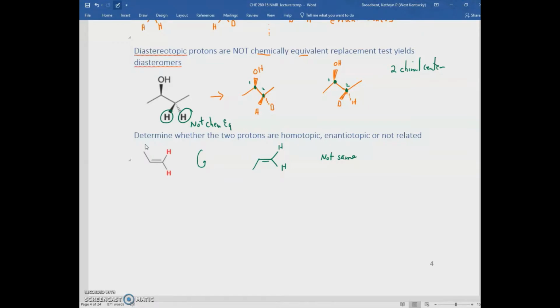We can't do a reflection. There's not a plane of reflection there, so we can't reflect it. If we do the replacement test, we put the deuterium here, or we can put the deuterium up here and put the hydrogen down here. These are diastereomers.